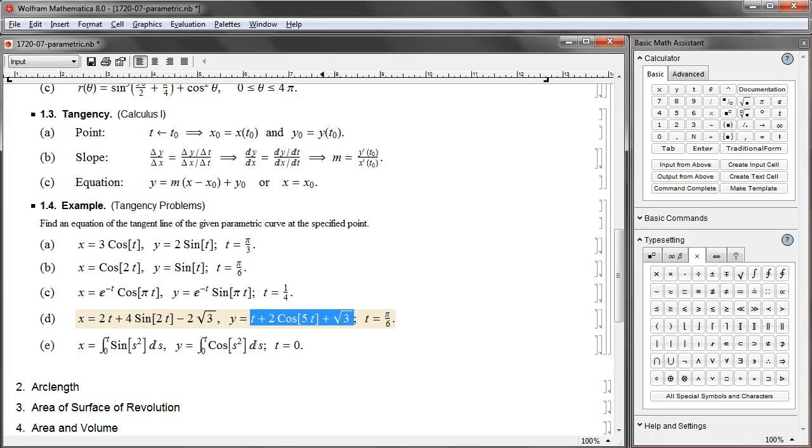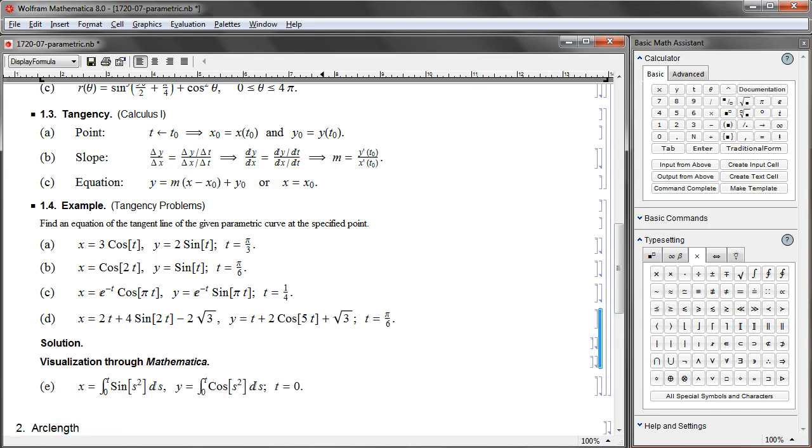Okay, that was step 1. And then next, we can calculate the derivatives using the chain rule, this one and that one. And then plug in pi over 6, and then use the slope formula. Then you're going to get the slope m value, and then you'll have the slope point equation.